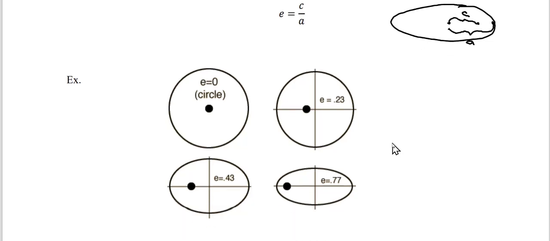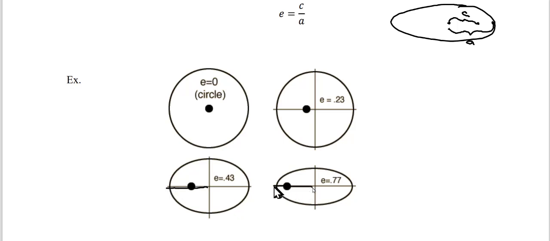Down here are a couple of examples of that. E equals 0 would be a circle, because the foci is at the center there. So the C is 0. Something like this one has 0.23 for E, this 0.43, so that means this point is 43% of the way to here.